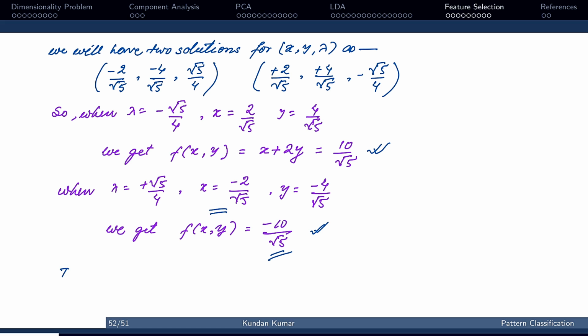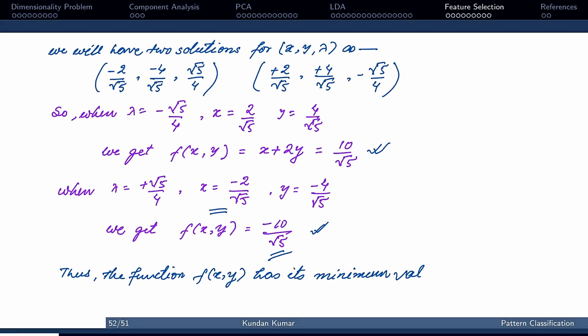So we can say that the function f(x, y) has its minimum value at x equal to minus 2 by root 5 and y equal to minus 4 by root 5. So this is our solution of the equality constraint problem.